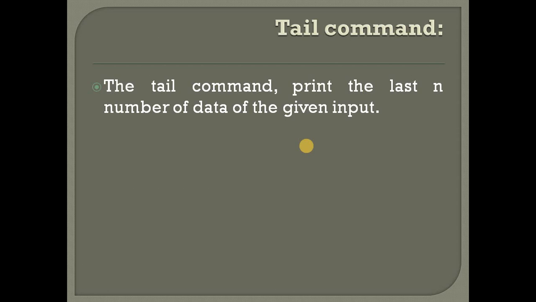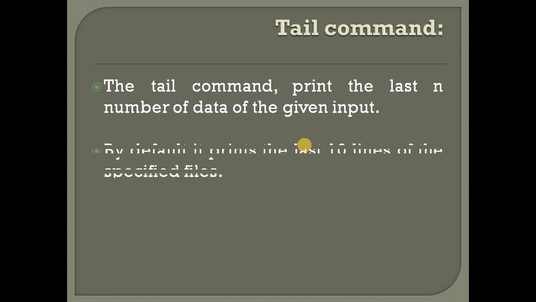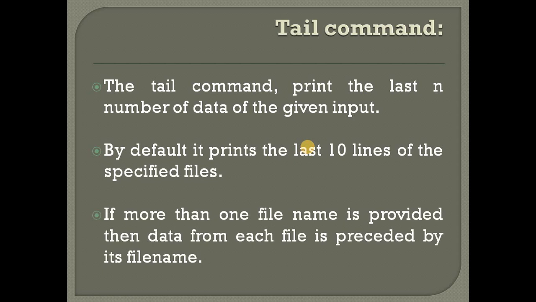So as the head command prints the first 10 lines of a given file, completely opposite to that, the tail command will print the last 10 lines of a given file. By default, it prints the last 10 lines of the specified files. If more than one file name is provided, then data from each file is preceded by its file name.